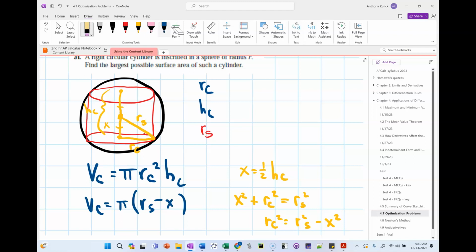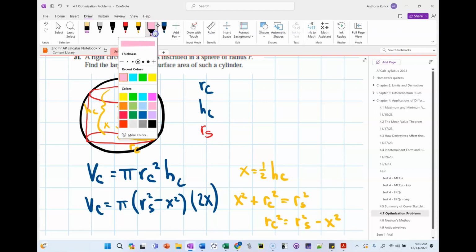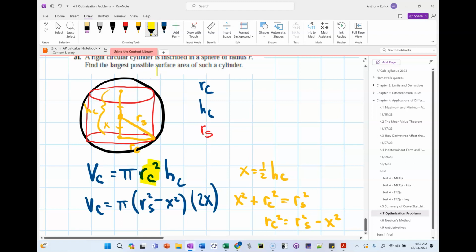And the sneaky part was I subbed the whole squared, right? That was the sneaky part, to avoid having to do any square roots and plus or minuses and making this just a complete pain.